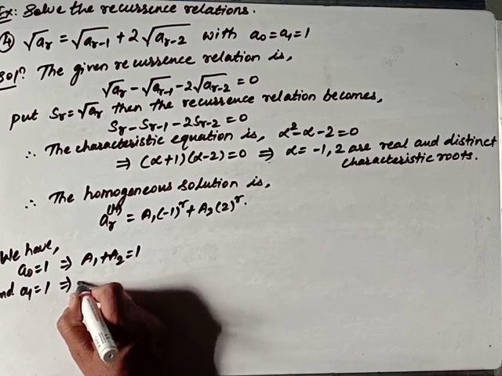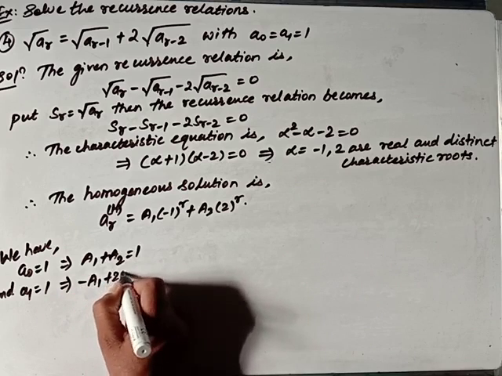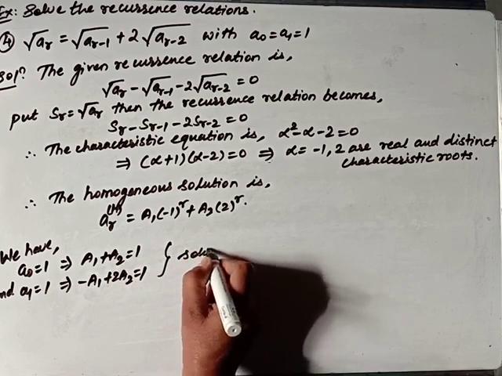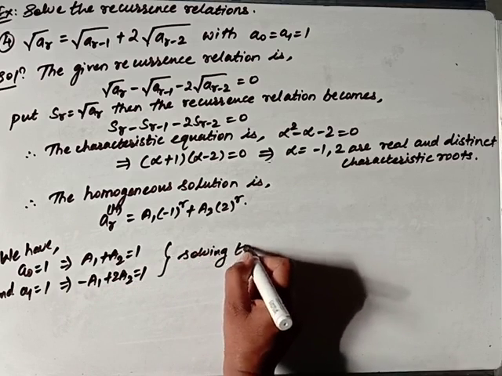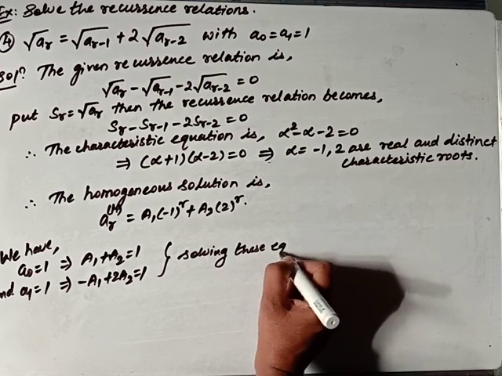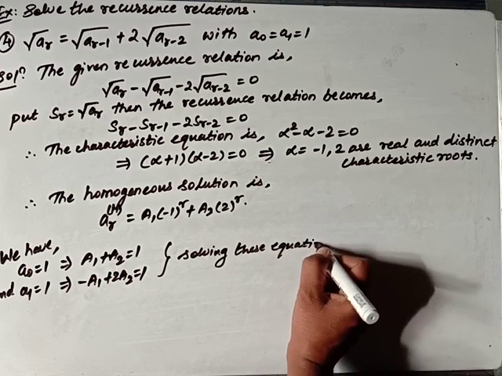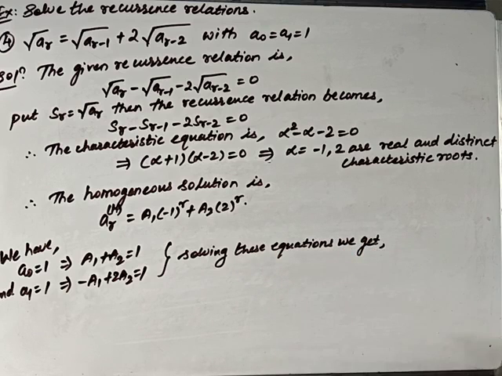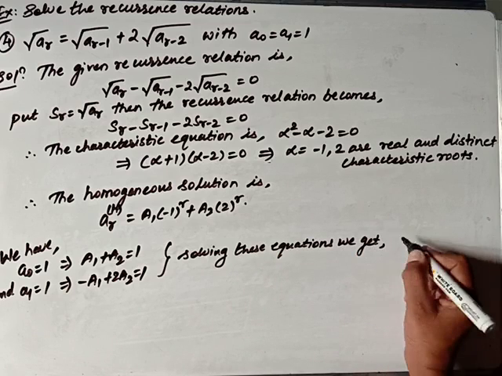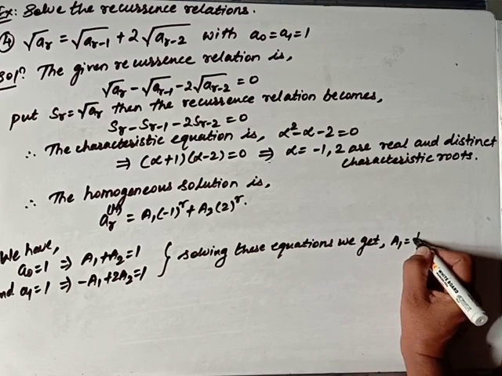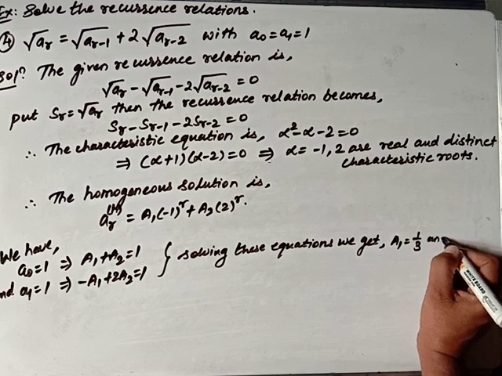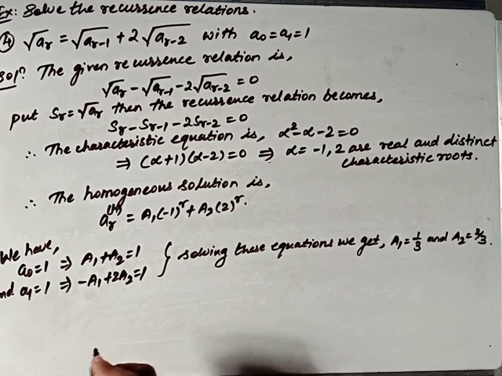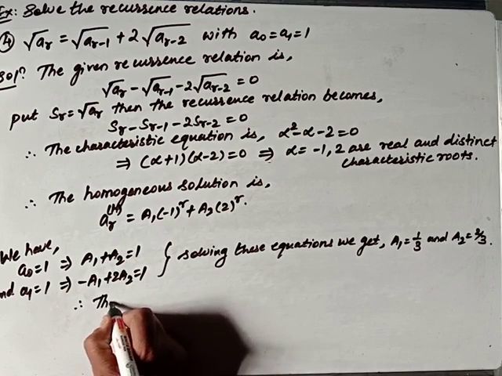That gives minus A1 plus 2 A2 equals 1. Solving these equations, we get A1 equal to 1 by 3 and A2 equal to 2 by 3.